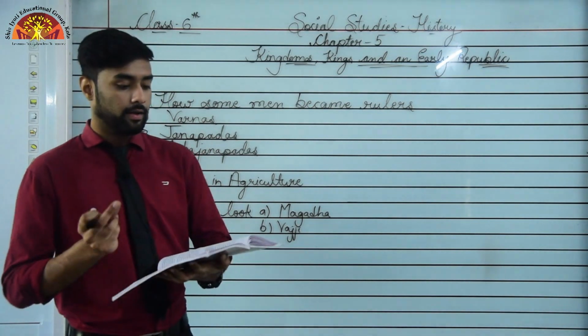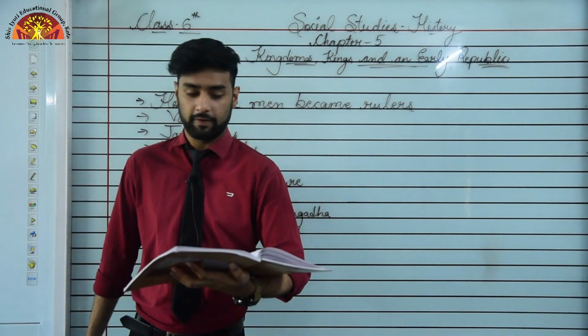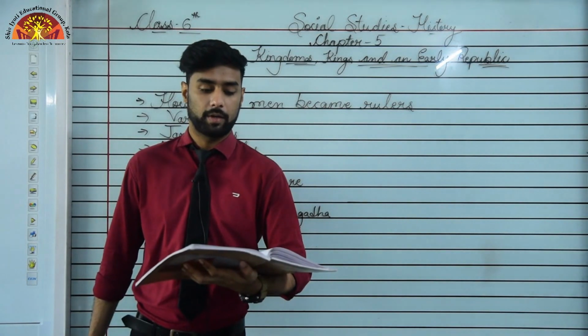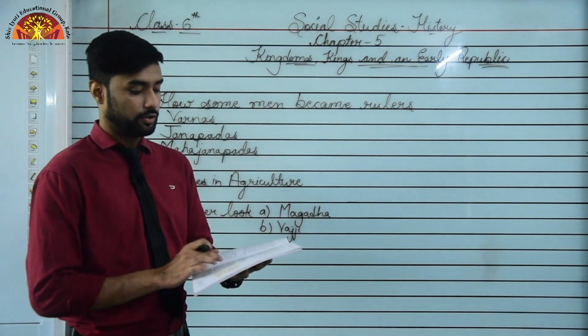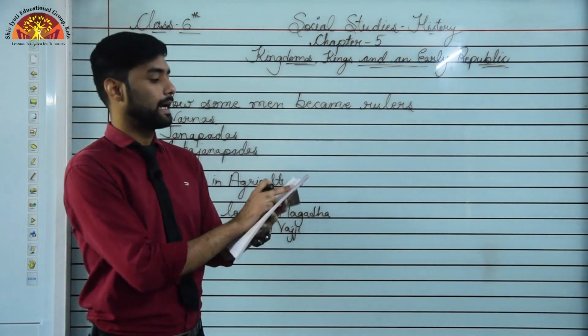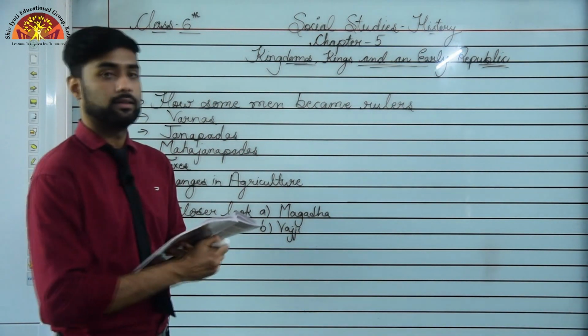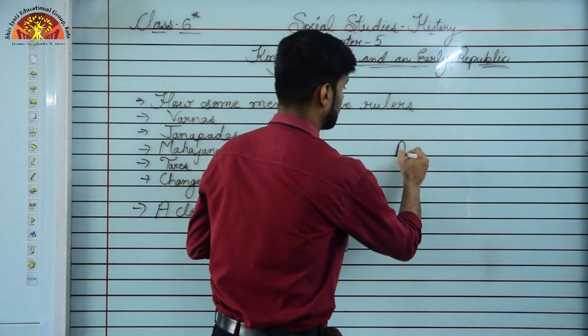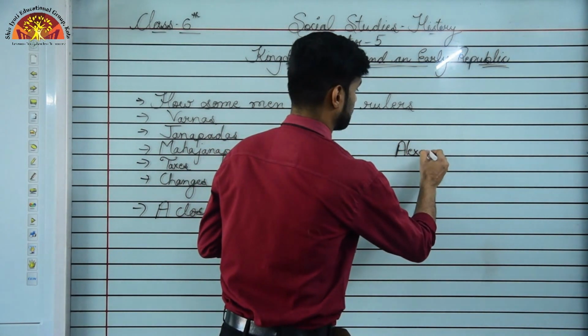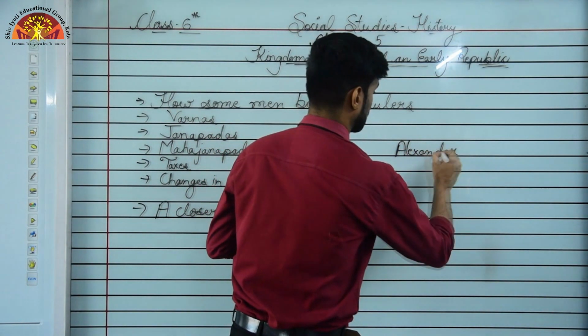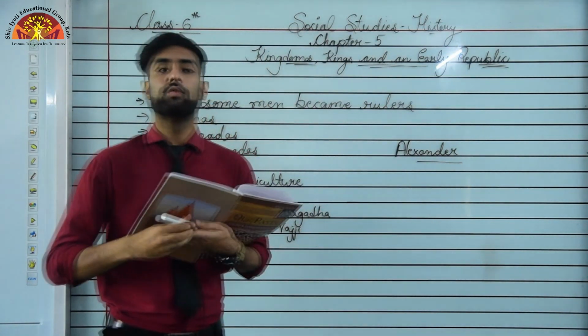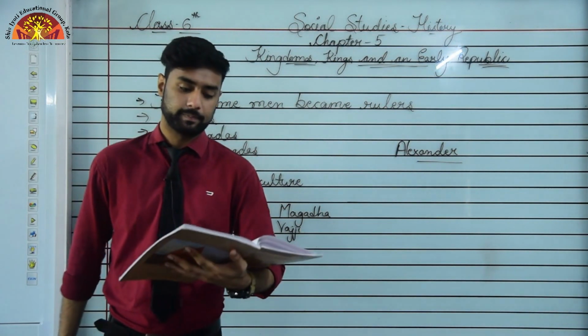Now write your second internal question on page number 53. On the top of the page, write: Who was Alexander? I'm writing the spelling of Alexander here for your convenience. Alexander. Who was Alexander?